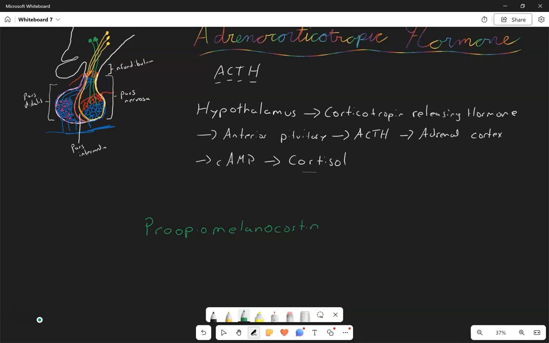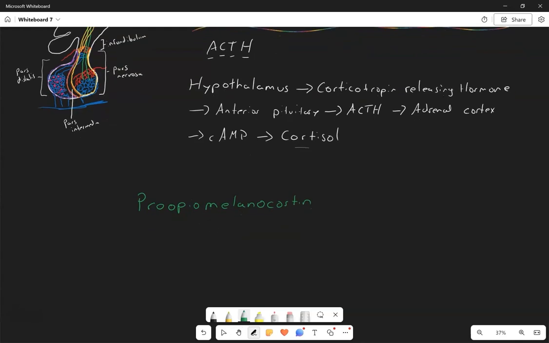Now, this pro-opiomelanocortin is going to get split. Okay, and when it gets split, one of the derivatives of that is ACTH. So in the anterior pituitary, you get the production of ACTH.